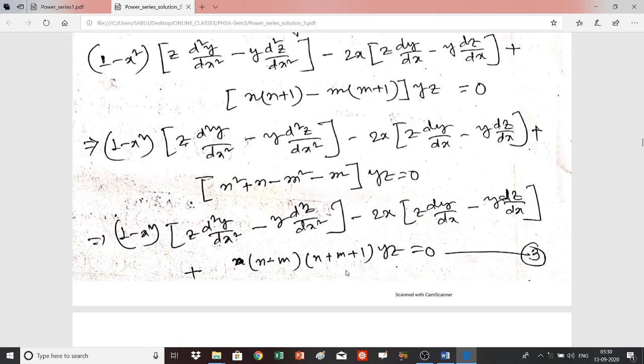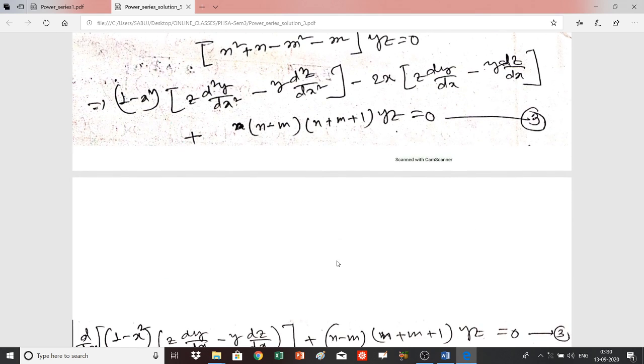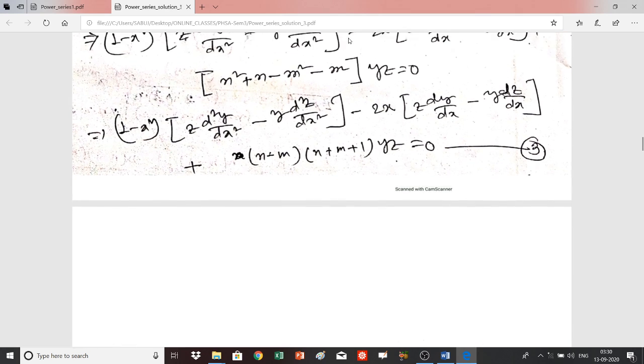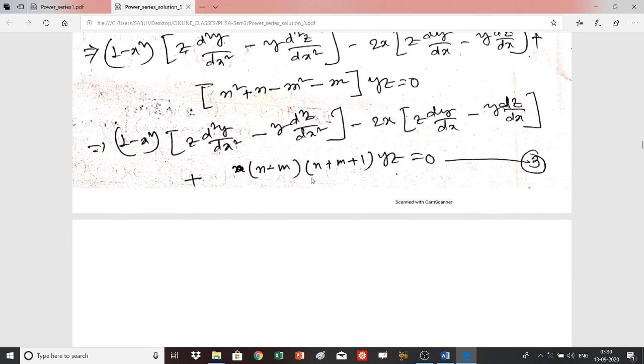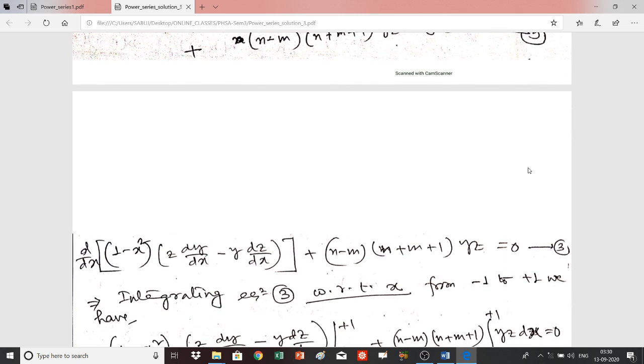Just simplify it, you will get this term. It is not very difficult and can be found very easily. So after simplification we obtain the above equation, which I write here as equation 3.